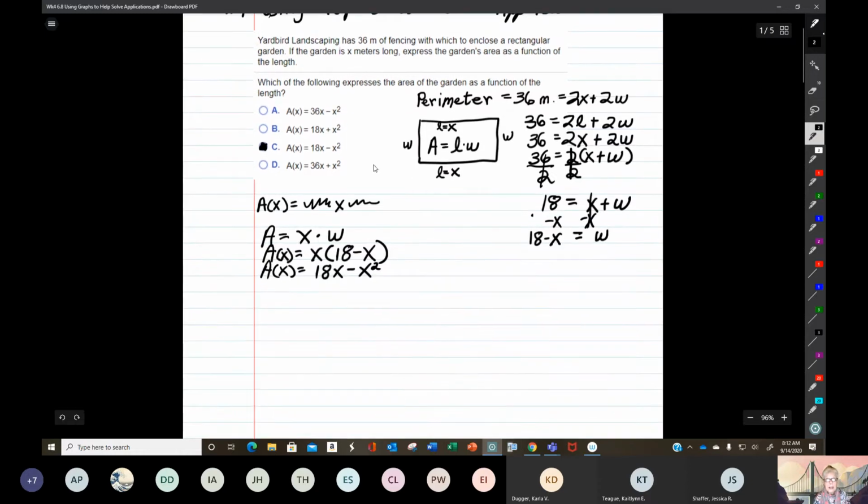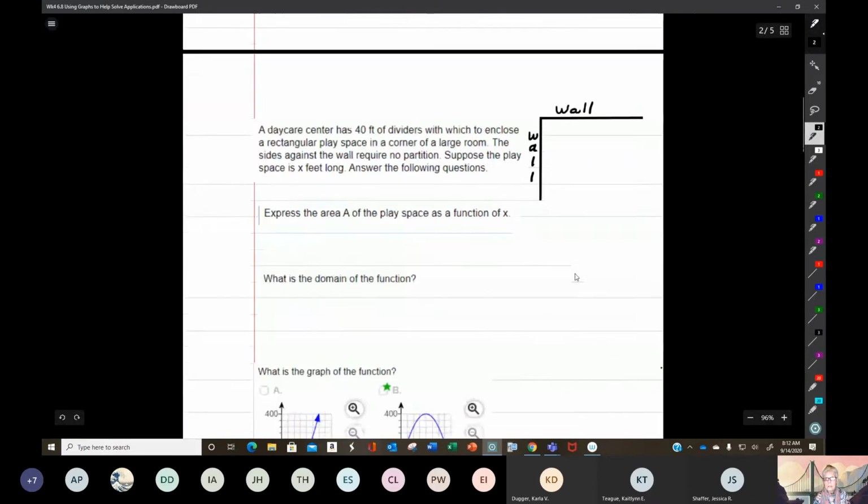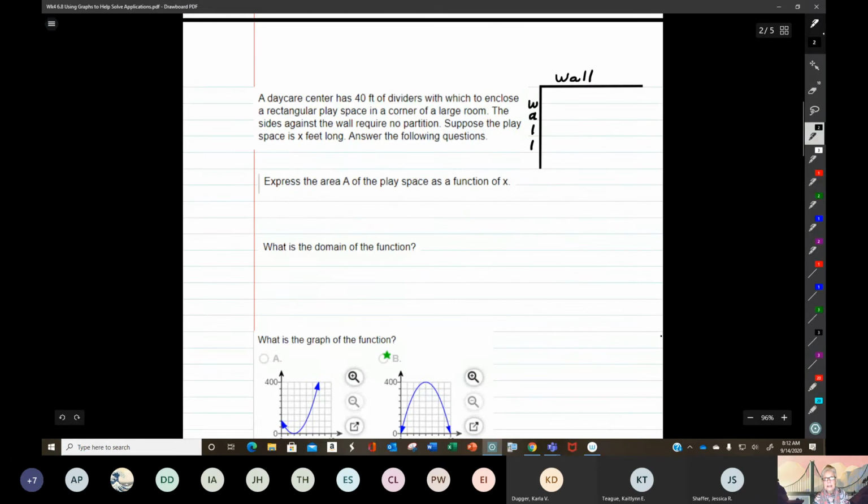Now we're going to have this step again. But what this problem does is it walks you through the steps to using a calculator to solve a problem, so you don't have to have as much information.